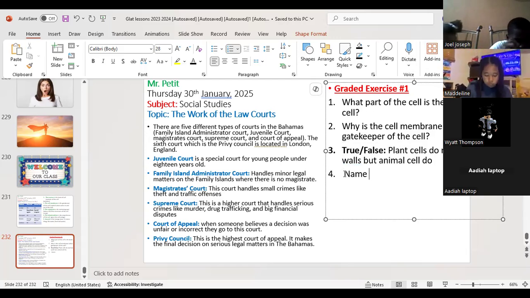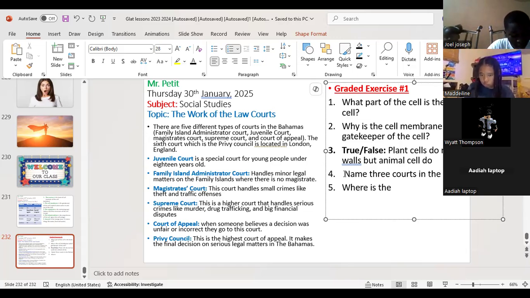Name three courts in the Bahamas. Right. Where is the Privy Council located?